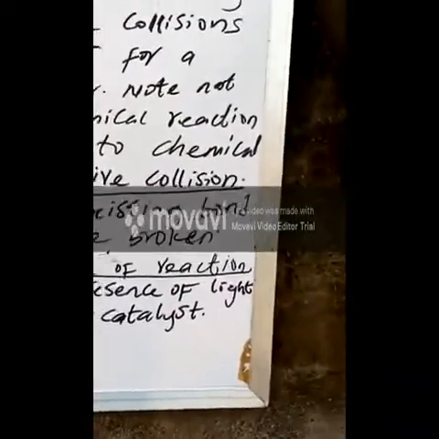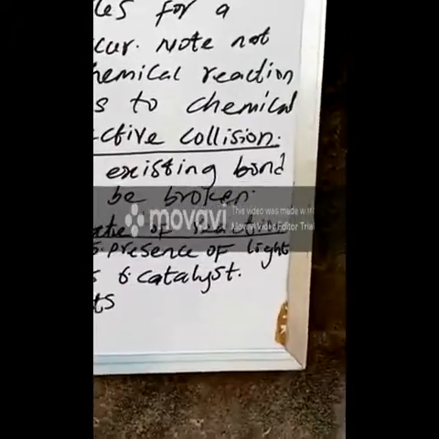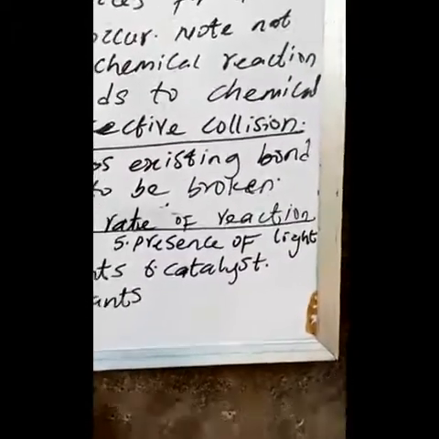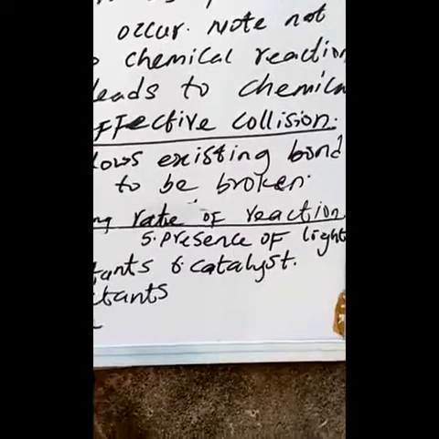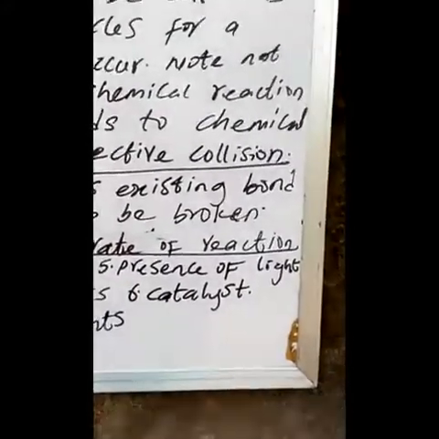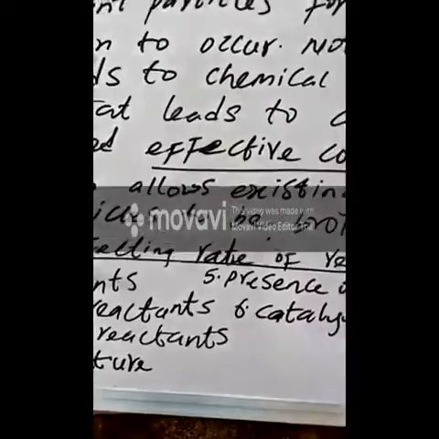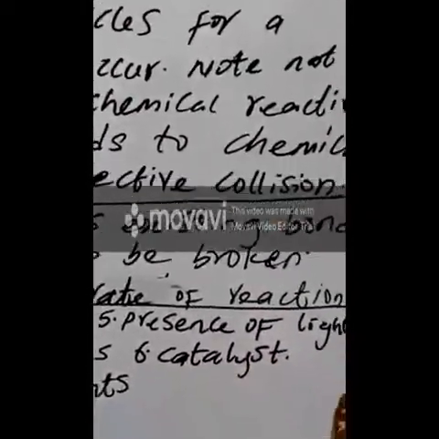The last one is catalyst. What is a catalyst? A catalyst is a substance which tends to speed up or slow down the rate of a chemical reaction. This brings me to talk about catalyst in two forms: the positive catalyst and the negative catalyst. The positive catalyst speeds up the rate of a chemical reaction.